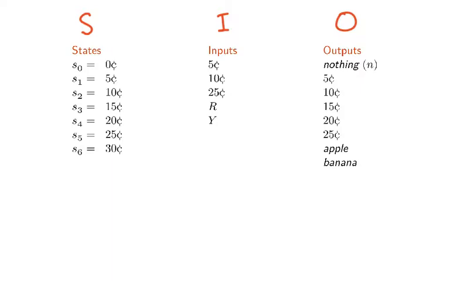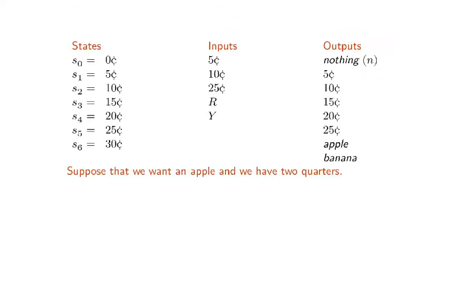So let's think of a concrete possibility here to find out the transition functions. This is just an example: suppose that we want an apple and we have 2 quarters. So let's think how this machine is going to work in this scenario.